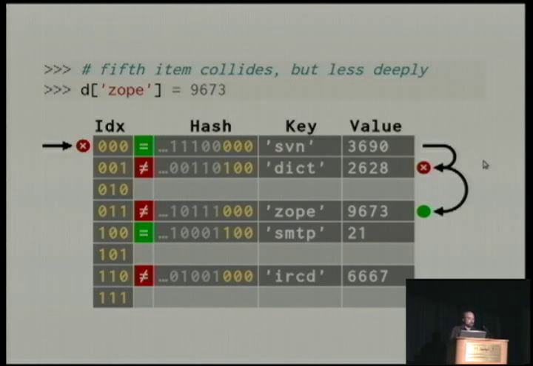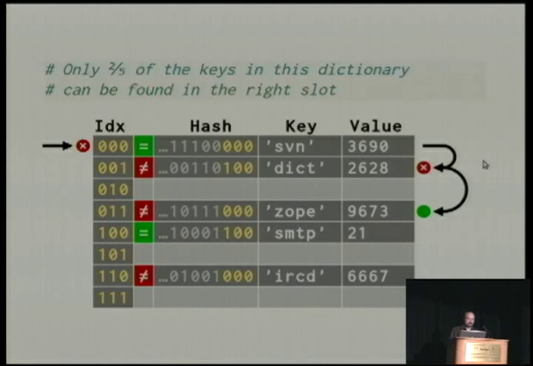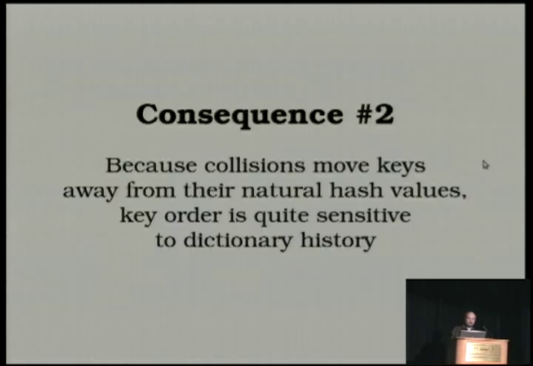So it winds up in 011 rather than going down the same path that IRCD did. So it gets in on only the 3rd place that it tries. Well, we've now created a little dictionary, 5 elements in it, the size of the one before, but only 2/5 of the keys in this dictionary are found in the right slot. Fully 3/5 of them collided and have wound up somewhere else and are thus a little deeper in the dictionary, and it's more expensive to find them.